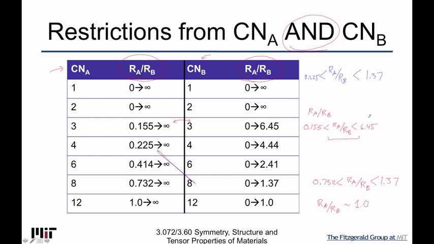So a fairly narrow range, but not impossible. I could have A with a coordination number of 4, and B with a coordination number of 8. Now you'd have to think about how these can be arranged. One wants a tetrahedral site, one wants an octahedral site. But there are structures which do that. So now, how do I think about that in terms of composition?